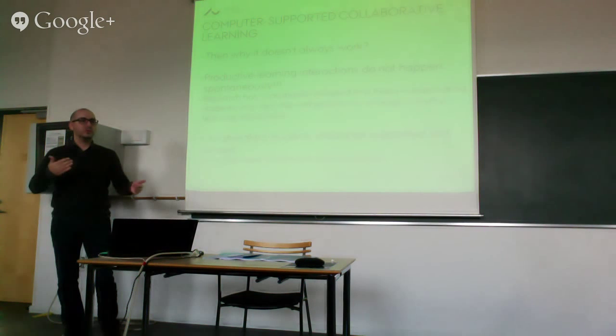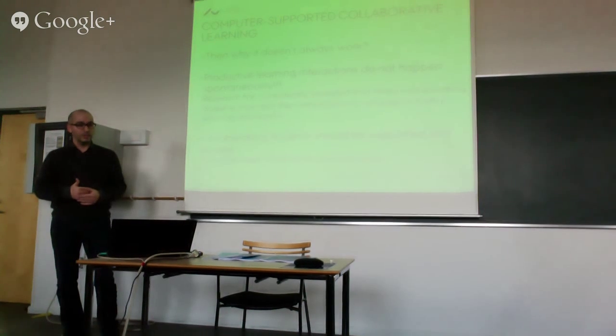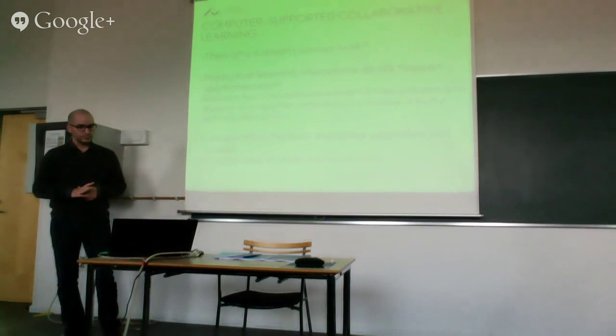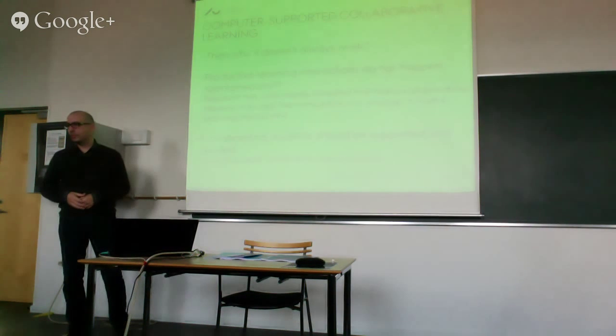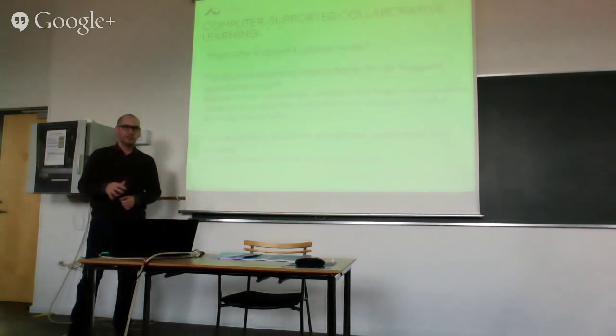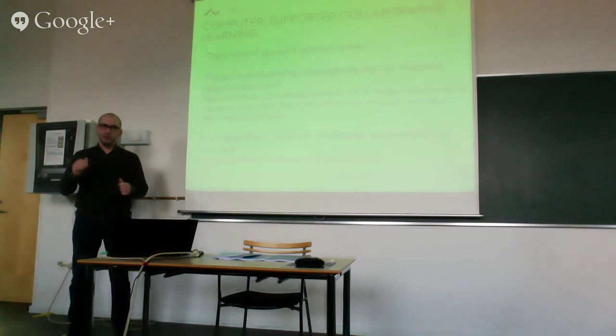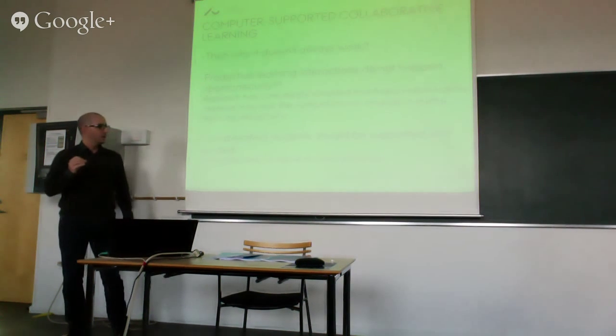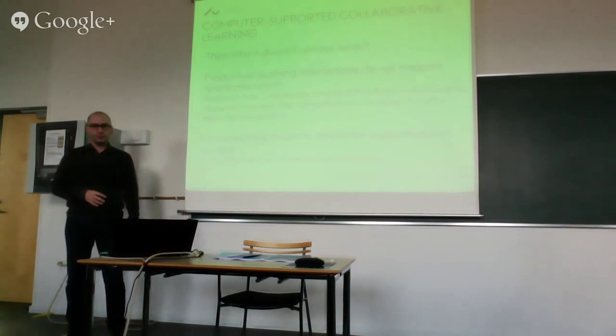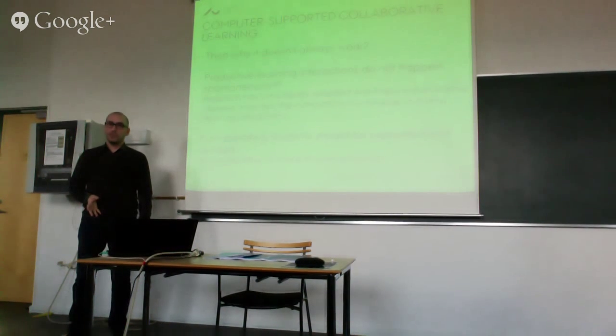And of course, we cannot expect that of younger ages. So what everybody says in the research, and you will find that in every single paper about CSCL, so I'm very confident when I'm saying that, you have to be supportive and you have to provide guidance to your students.